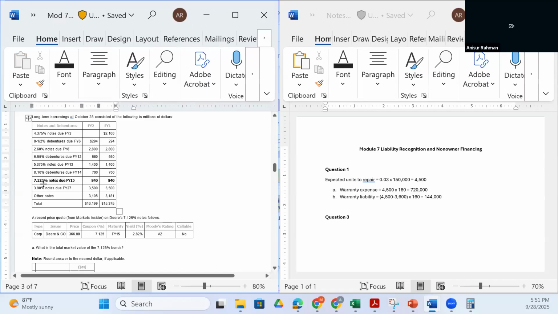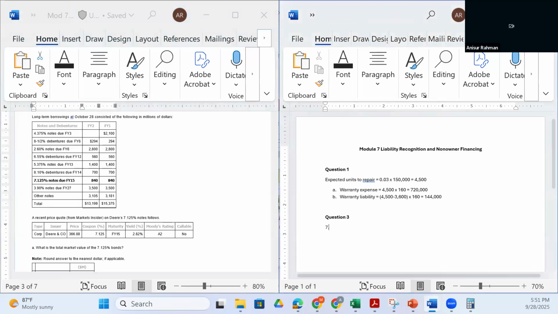Now, first of all, what does this number represent? 7.125% is your annual coupon rate, which is fixed, even if the interest rate on a similar bond in the market changes.